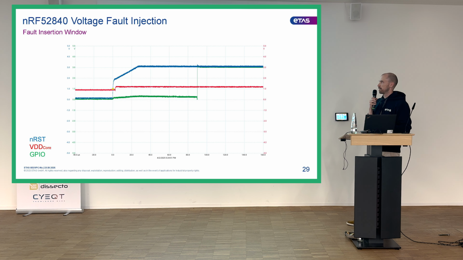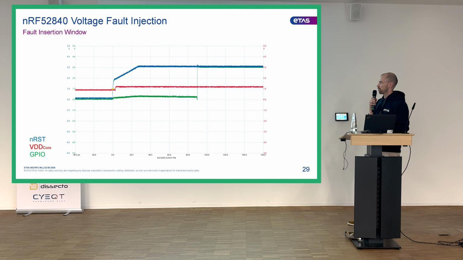What we see here is an oscilloscope trace from the boot process. In blue, we have the reset pin, and at 0 seconds, this reset pin rises, letting the chip boot.